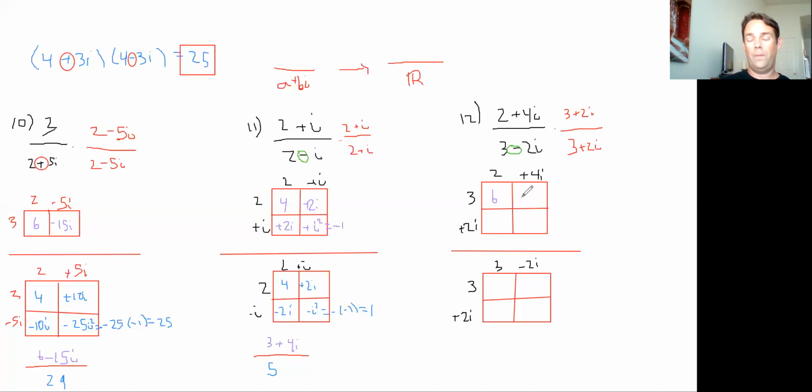So we have 6 plus 12i, we have 4i, and we have a positive 8i squared. And again, i squared is -1, so that gives us a -8. So 6 minus 8, that'd be a -2, plus 16i.